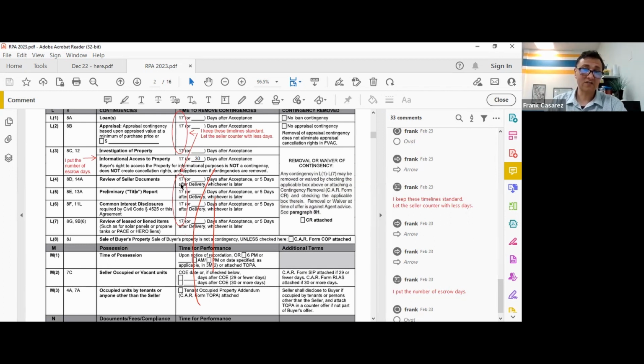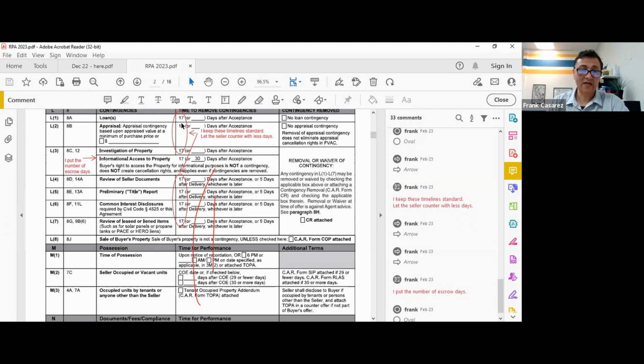A lot of agents still don't have a clue what the review of seller documents contingency is. That's basically when they hand over the disclosures to the buyer, who has so many days to review. They have 17 days unless otherwise agreed. Same thing with loan and appraisal. I don't touch those days either.